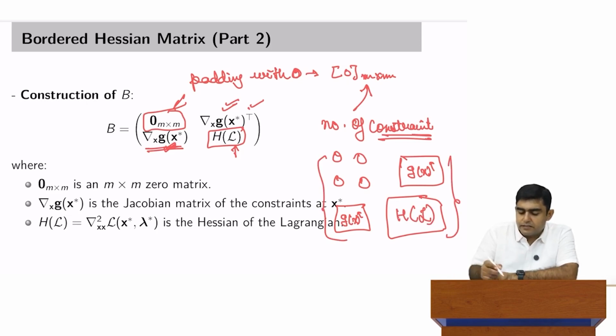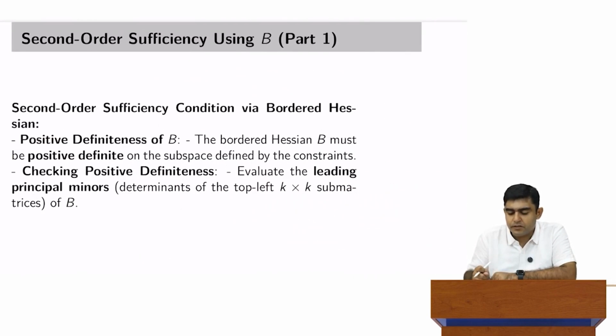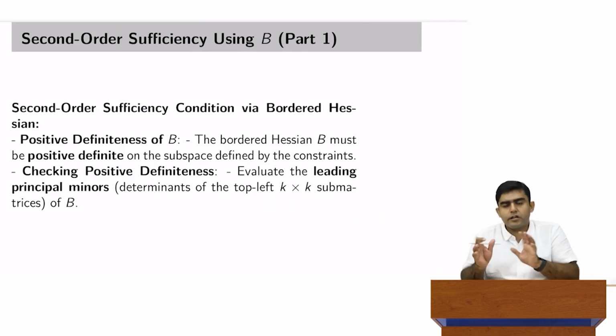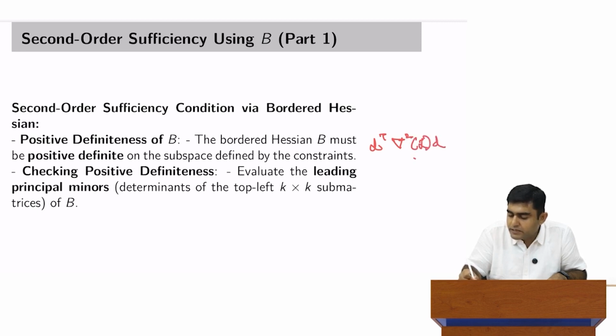And then we say that this bordered Hessian matrix is of interest for us, and we have to look into the property of the bordered Hessian matrix to establish whether our point is indeed a maximum or minimum. The broader understanding remains the same, that if our bordered Hessian matrix is positive definite, that means the entire term D transpose del square of Lagrange into D is greater than 0, that would give us the point corresponding to minima and vice versa.